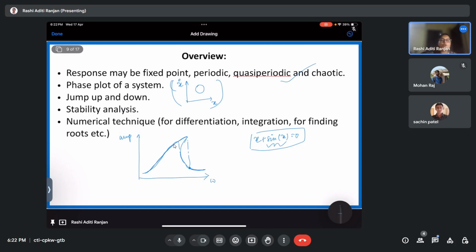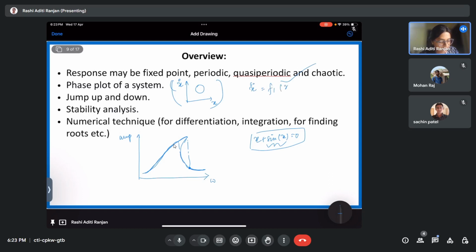When we say phase plot, I mean that for a particular variable, for a particular system's dynamics, how are my position and velocity varying? So for a phase plot, one axis should be your position and the second should be the velocity of that particular position only. Understood?